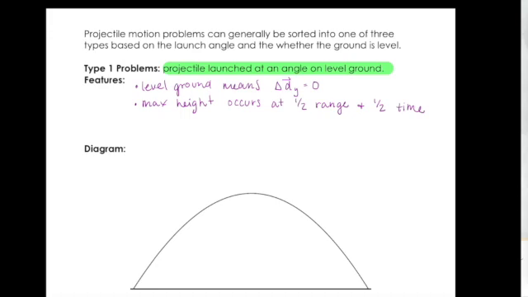Also, because the parabola is balanced, the initial speed and the final speed are equal.